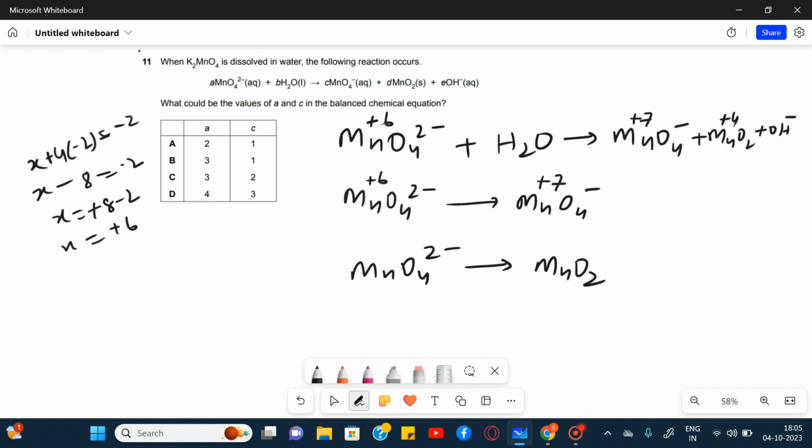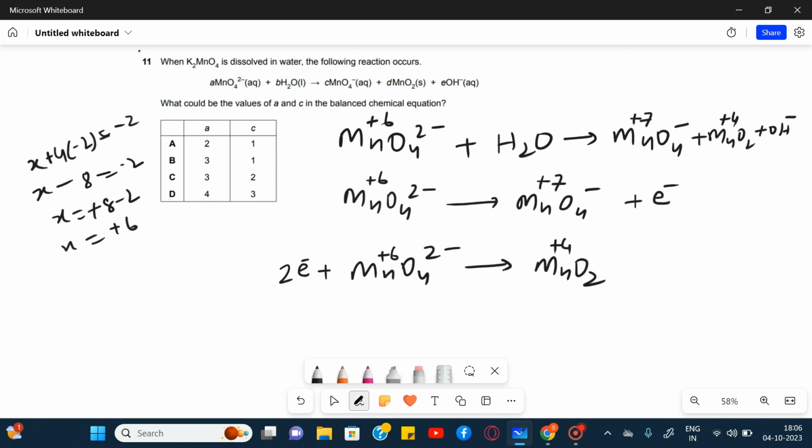In the first equation, manganese is losing one electron, so I can write plus e minus. In the second one, the oxidation number of manganese goes from plus 6 to plus 4, so it is gaining 2 electrons, so I can write plus 2 electrons.